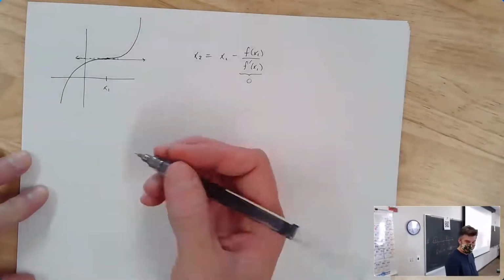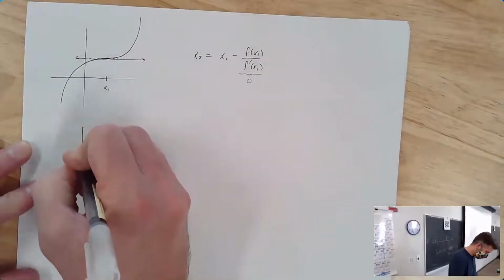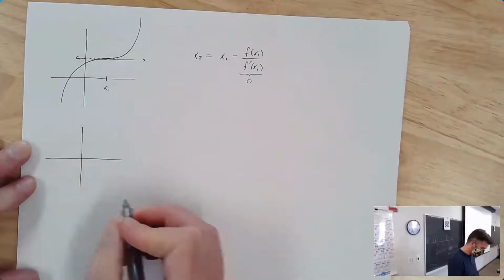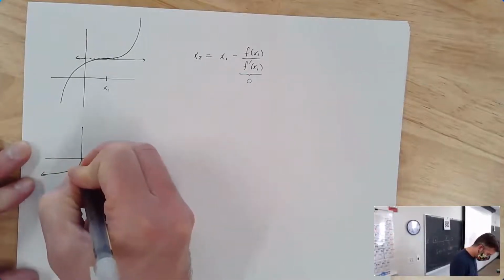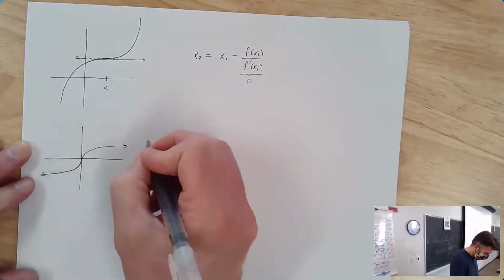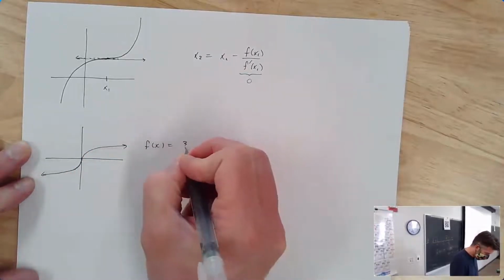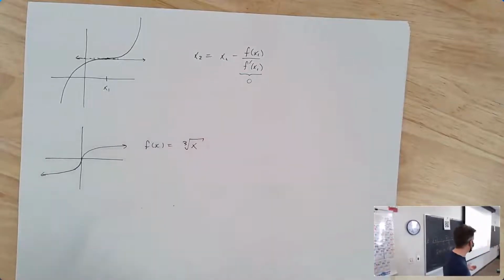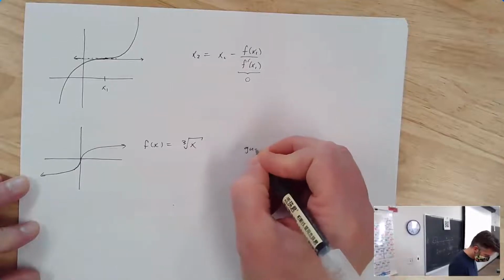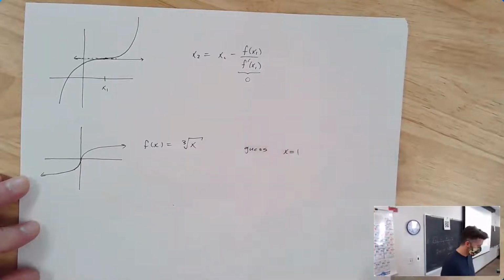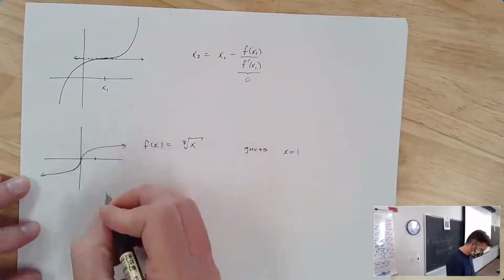A couple other ways this can fail is if you have something like, I'm just going to use the function f of x equal to the cube root of x. Now I should point out, we all know what the root is here. The root is 0. But if you have something shaped like this and you were guessing, let's say we want to guess x equal to 1, so we're going to start here.